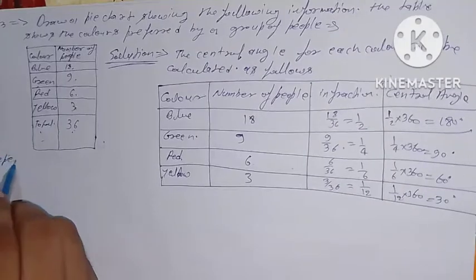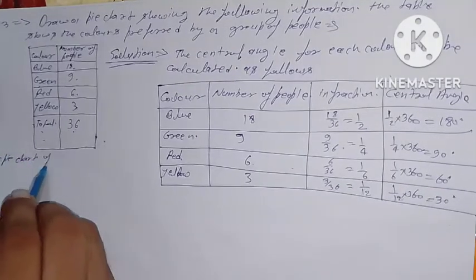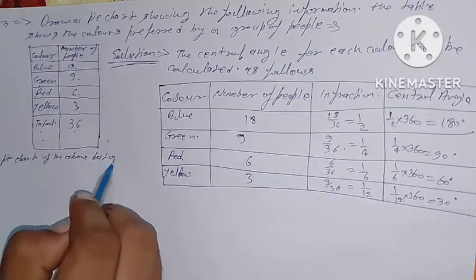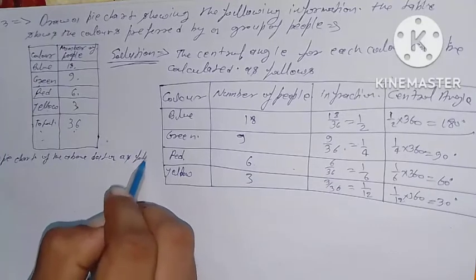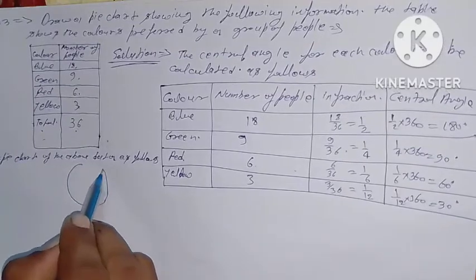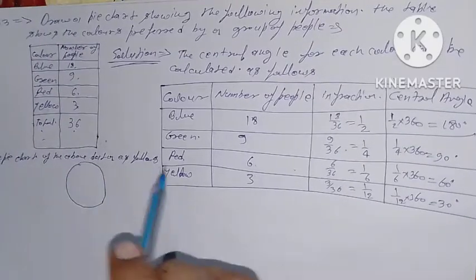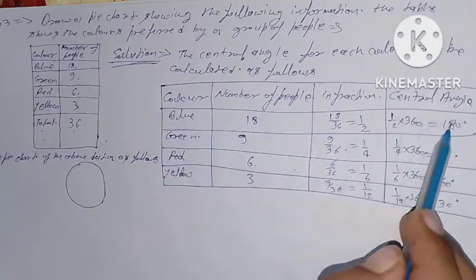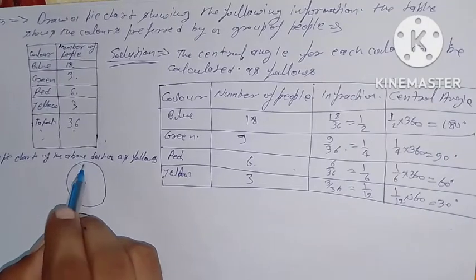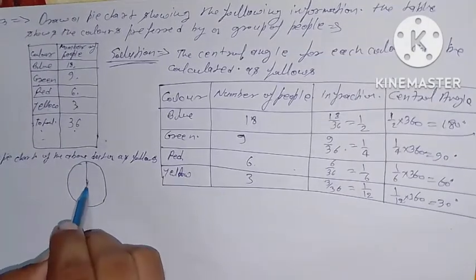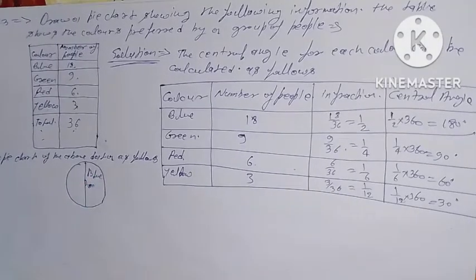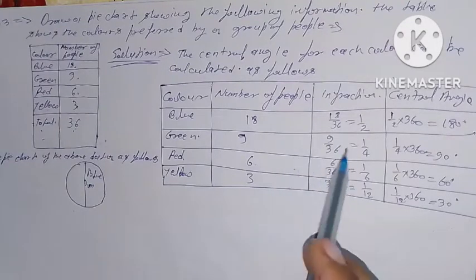The pie chart of the above data is as follows. This is the circle, and blue color is 180 degree, as a straight line angle makes 180 degree.